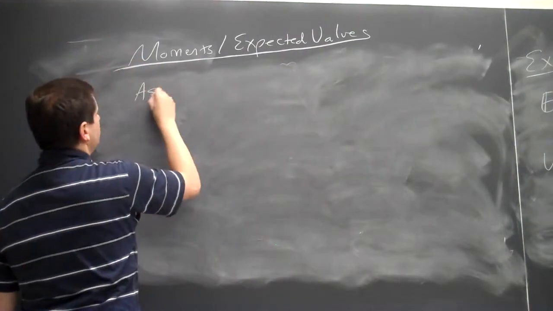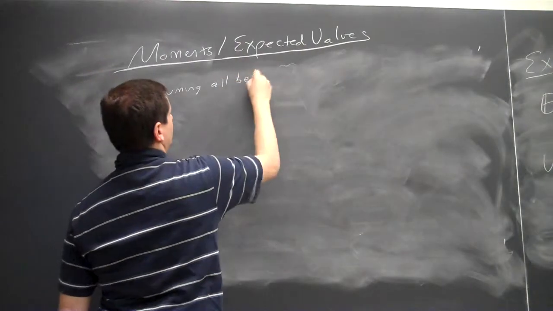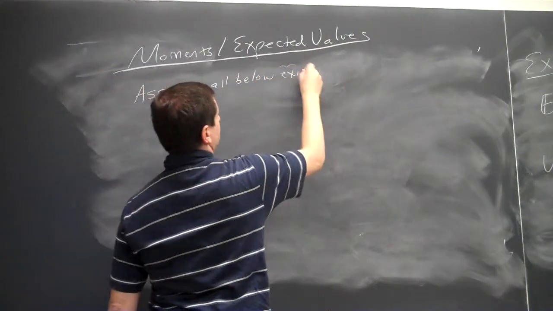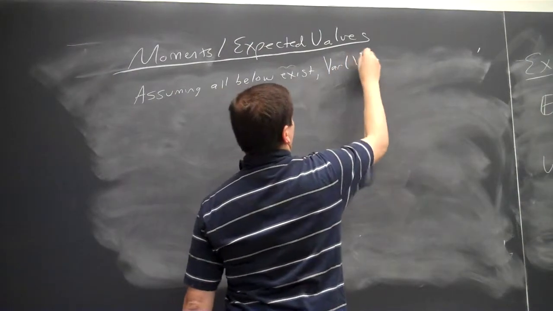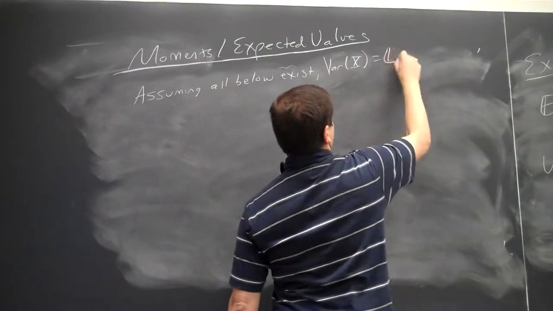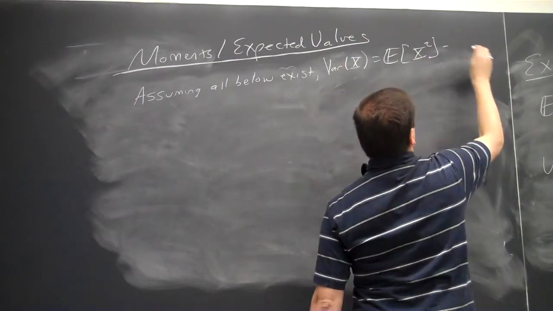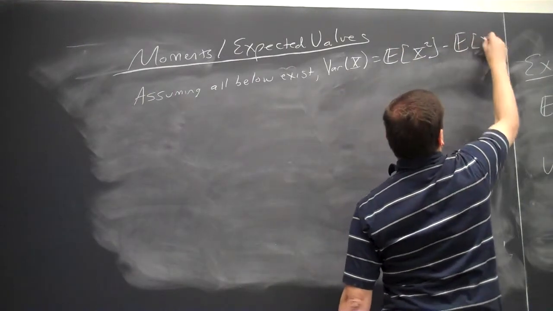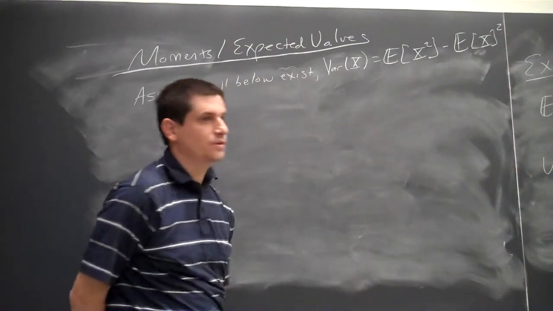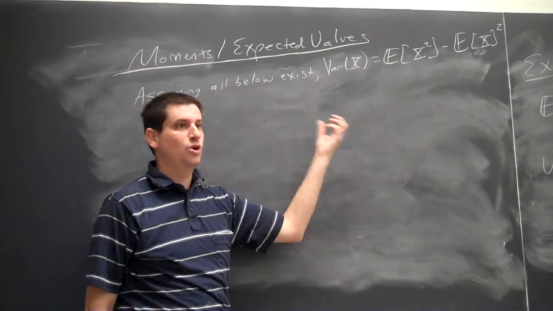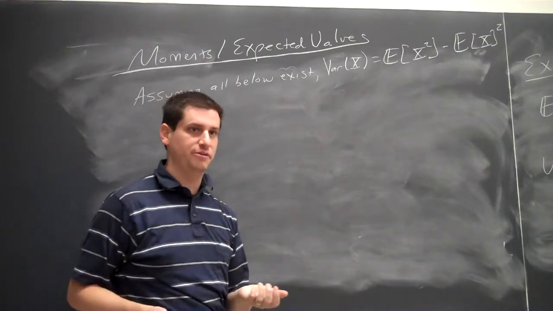So assuming all below exist, the variance of x is the expected value of x squared minus the expected value of x, squared. So what this formula tells us is order matters. If I have the square inside or outside, I'm going to get a different answer.